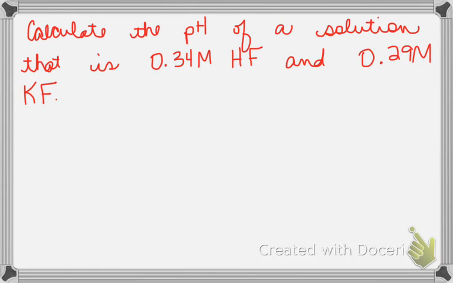When I read this one, I intentionally said HF and KF to show you that you know how to pick out the acid, even if I don't say hydrofluoric acid. You knew HF was the acid because it's got a hydrogen. KF doesn't. So here's the acid, and this is the conjugate base. When I look up the Ka for HF, it's 7.1 times 10 to the minus 4.